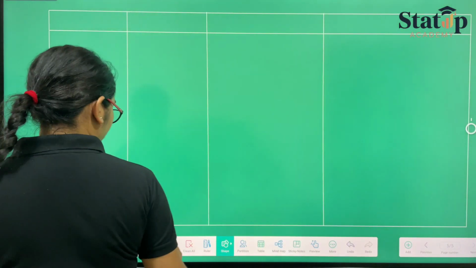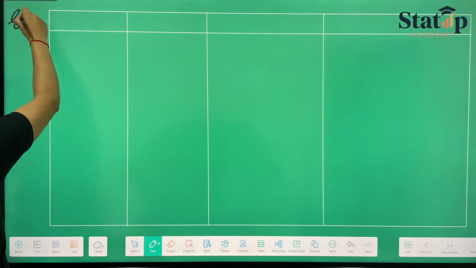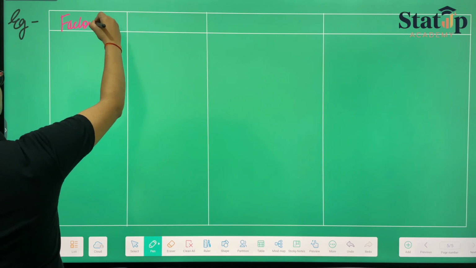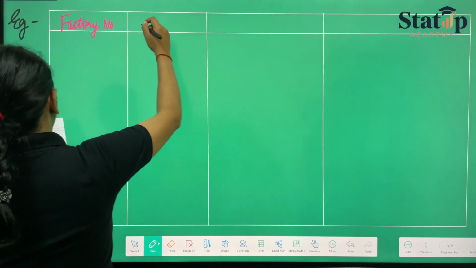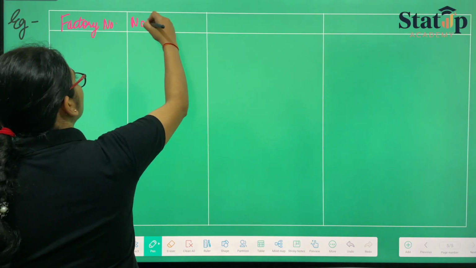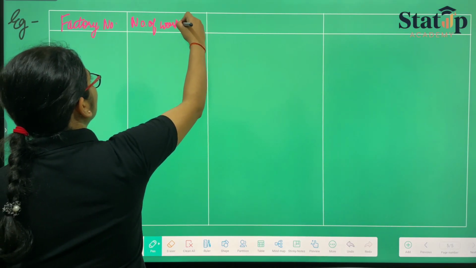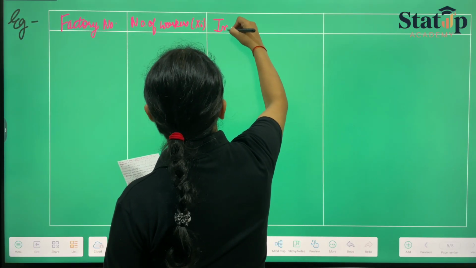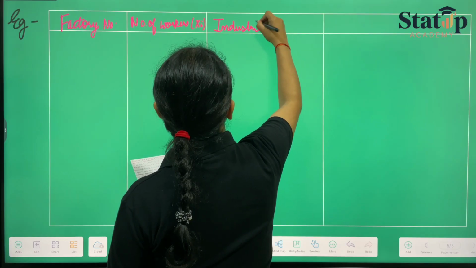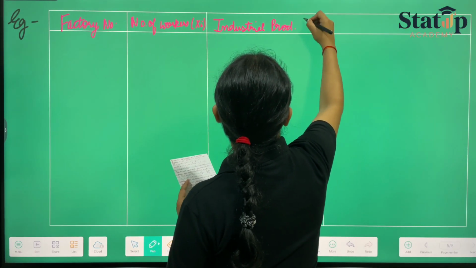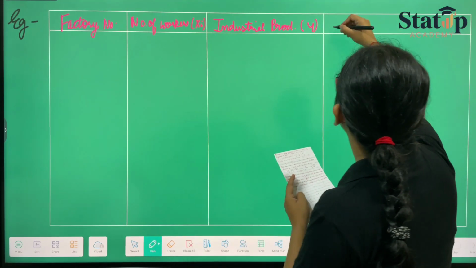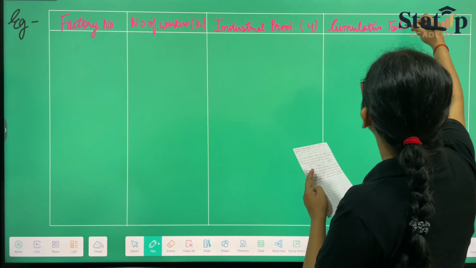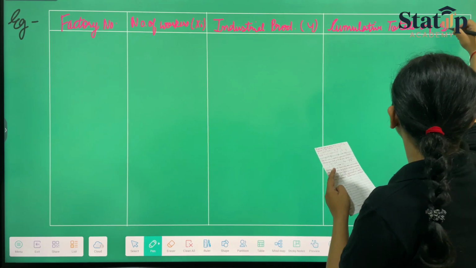Here we have been given the factory number, then the number of workers, which is xi or the auxiliary variable, then the industrial production, which is nothing but capital Y, and then the cumulative total of size.